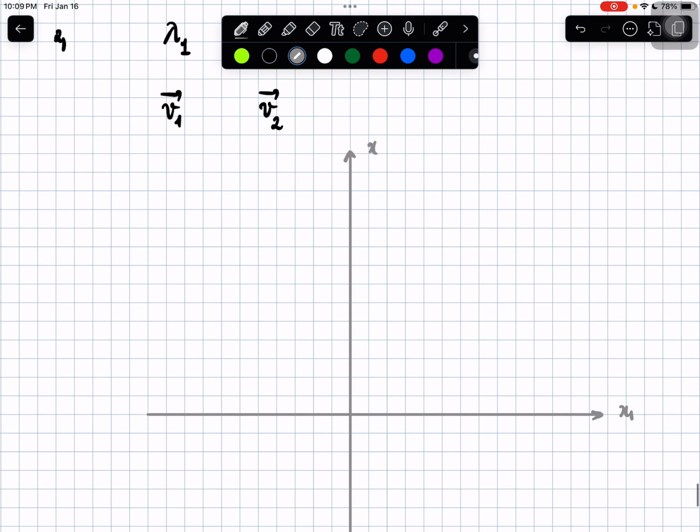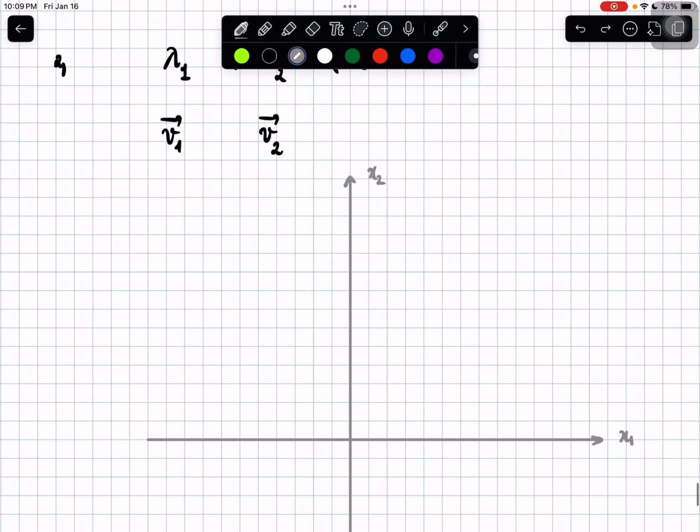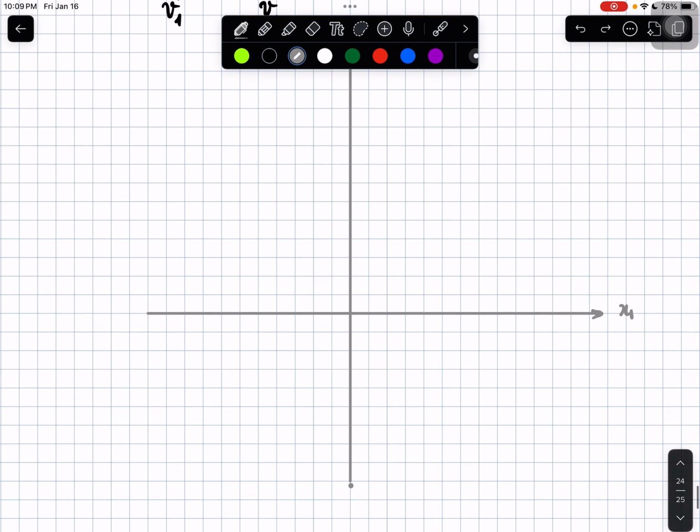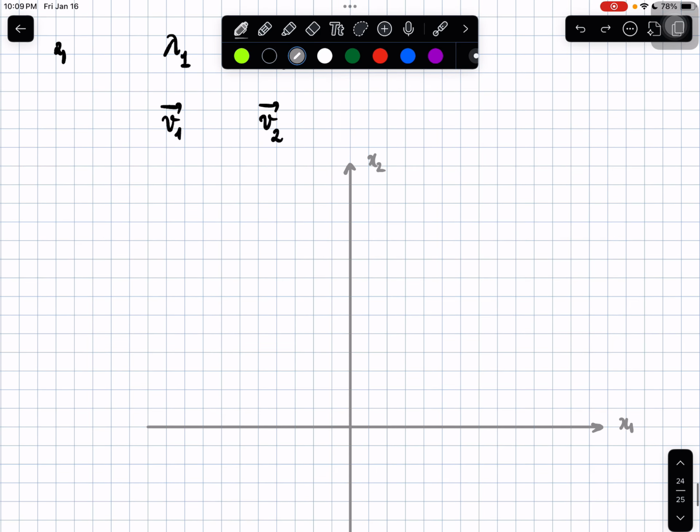We get the plane, x1(t) and x2(t), with x1, x2 for the two axes. For this example, let's take v1 as (1, 1) and v2 as (minus 1, 2).